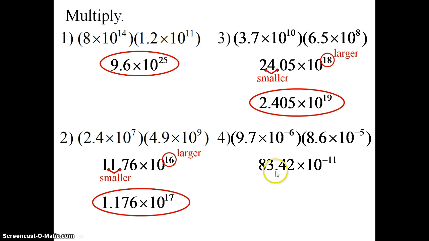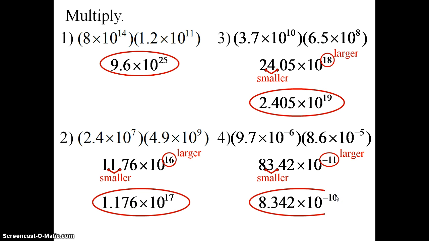But notice if we move our decimal one place to the left, we're making our number smaller. When you make a negative larger, it actually becomes negative 10. So be careful there. We're still moving our decimal to make this number smaller, and we're making our exponent larger, which becomes negative 10.